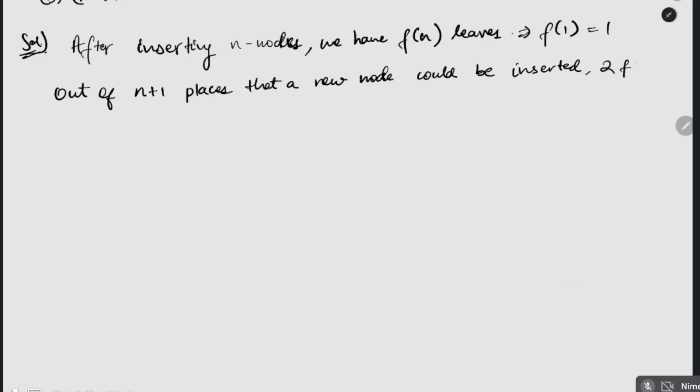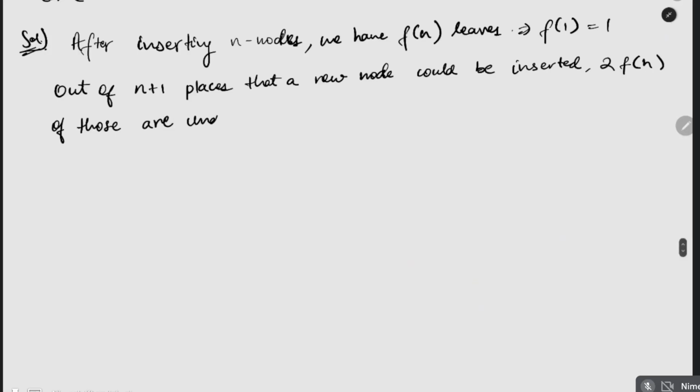2 times f of n of those are under leaves, right? So basically we have our f of n.